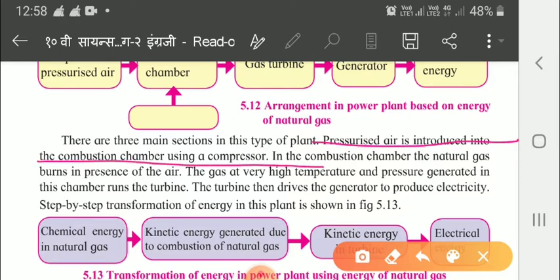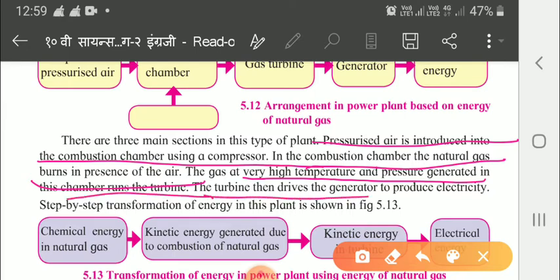Then in the combustion chamber, the natural gas burns in the presence of the air. This gas is at very high temperature and pressure, which generates the energy that runs the turbine. That turbine then gives energy to the generator to produce the electricity.